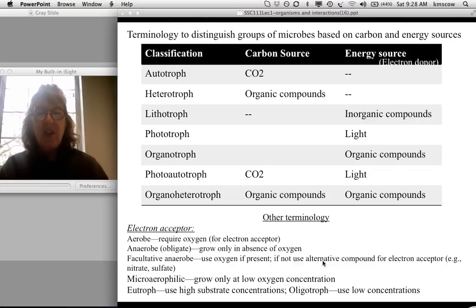So this can include nitrate, sulfate. There's a whole bunch of different compounds, and believe me, we will get into this because it's very important for biogeochemical cycling and for soil. And also in terms of the aerobes, there are organisms that can't live at atmospheric oxygen concentrations. They only live at low oxygen concentrations, and they are microaerophiles.